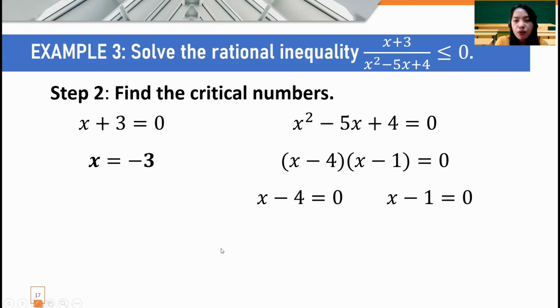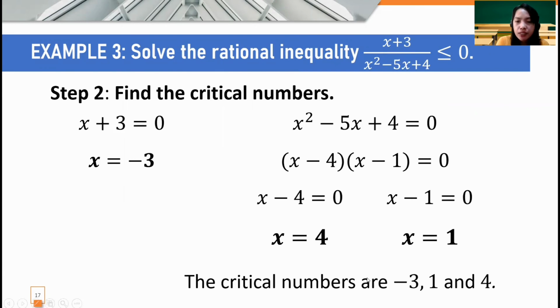In the first factor, that is x minus 4 equals 0. Equate that to 0 to find the second critical number. And the third critical number, we have x minus 1, equate that to 0. The value of x in the second critical number is 4, and then in the third, we have positive 1. The critical numbers are negative 3, 1, and positive 4.